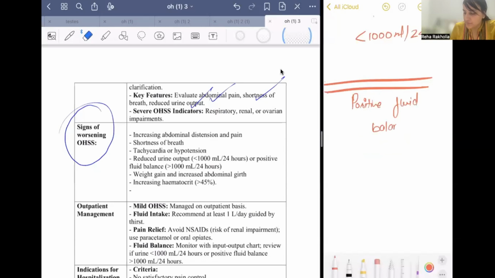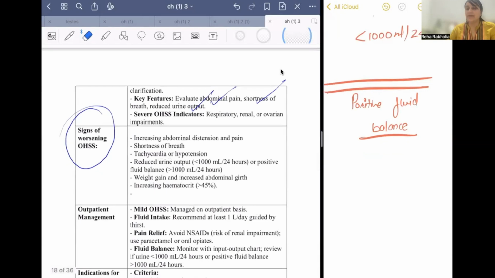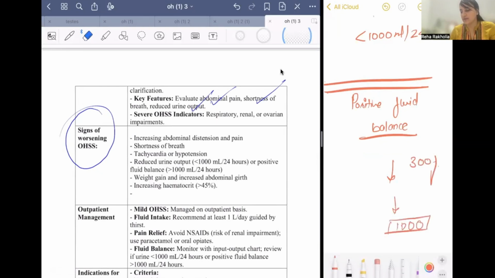What does positive fluid balance mean? That is where fluid intake via oral or IV fluid exceeds the fluid output by greater than 1000 ml per 24 hours, means we are taking fluid. Suppose we take 3000 fluid and only 1000 we are producing as urine, then positive fluid balance is 2000.